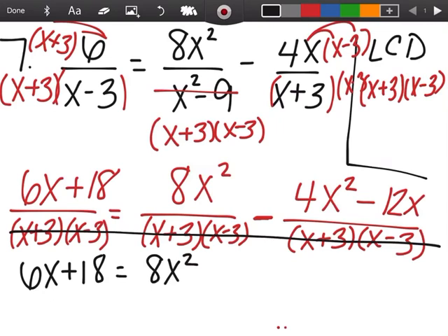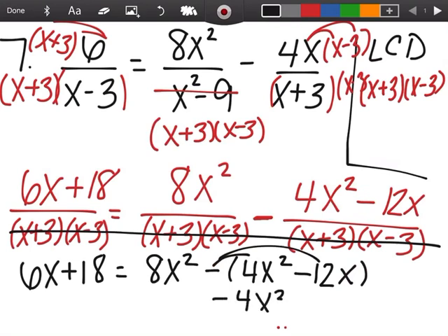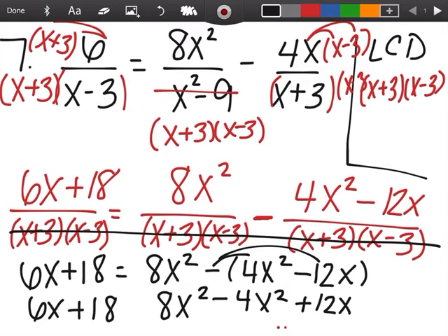I can change it to addition and distribute it to both terms, or I can just subtract the quantity 4x squared minus 12x. I just want to be careful that I end up subtracting both terms, which is a minus 4x squared, but this becomes plus 12x. So 8x squared, 6x plus 18.